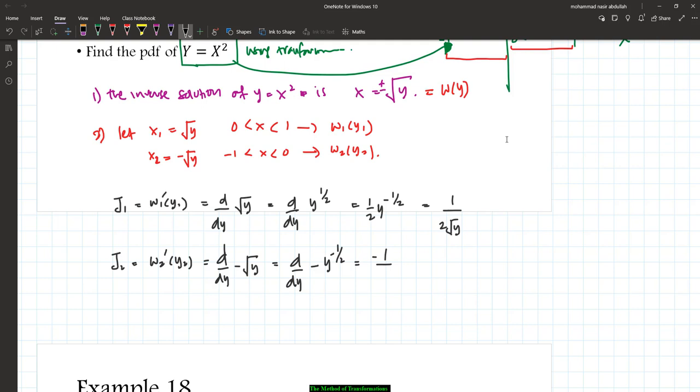Mana calculator I? Can you calculate here? It's 3 over. Is it? Hey, you tak respond pun. Is negative 3 over 2. Mana I tulis lah?